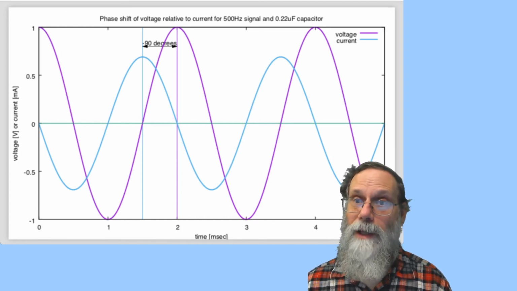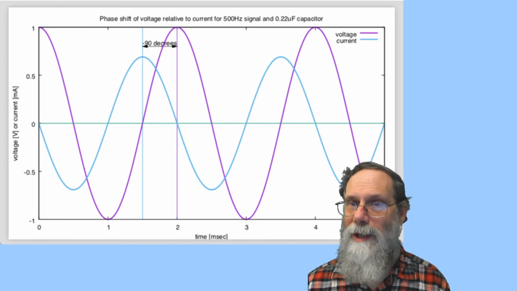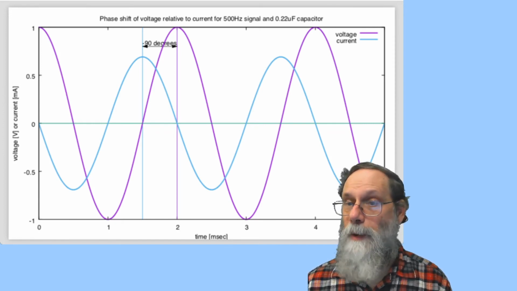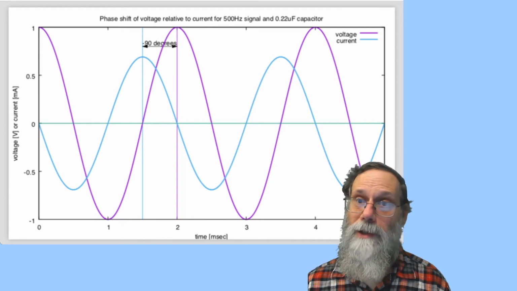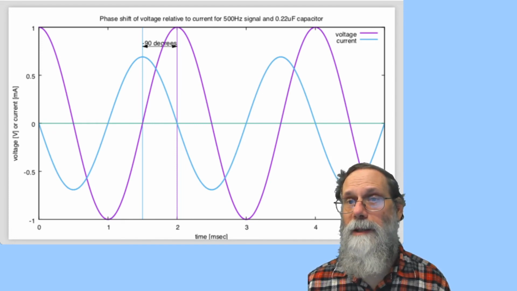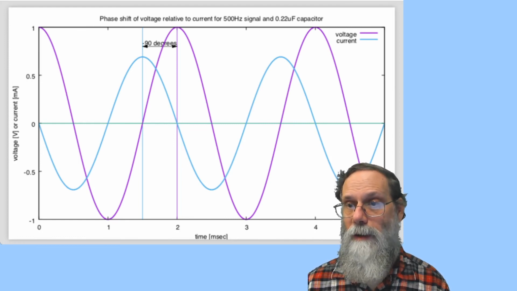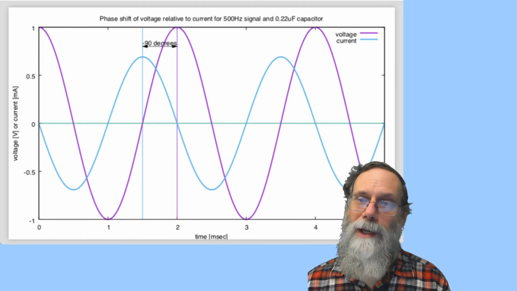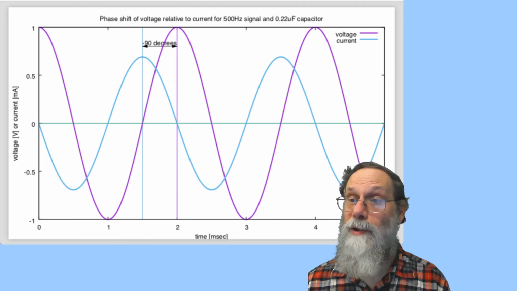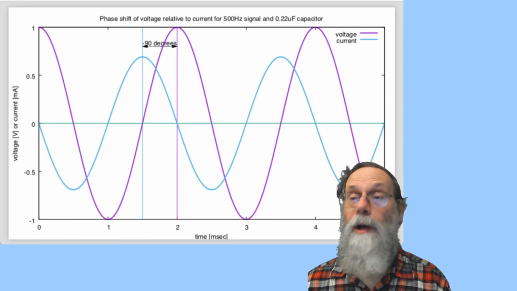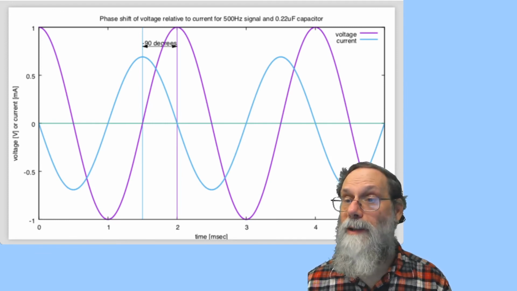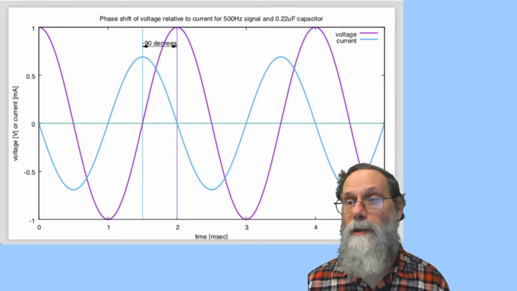You see this from the blue vertical line there, which is where the peak current is, and the purple vertical line, which is where the peak voltage is. And the difference between these two things is a 90-degree phase shift. That's rotating from the real axis, where resistors are and where there's a phase change of 0, rotating downward 90 degrees puts you on the negative imaginary axis.